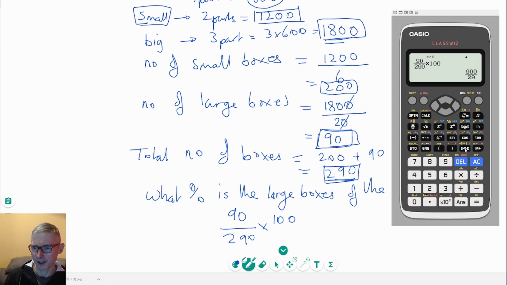But in fact, what I can do is just use the SD button there, and that'll convert it to a decimal, which is the form we want it as a percentage. So we've got 31.03%. And that's if I'm rounding it to 2 decimal places.